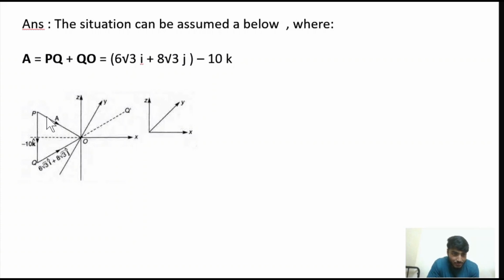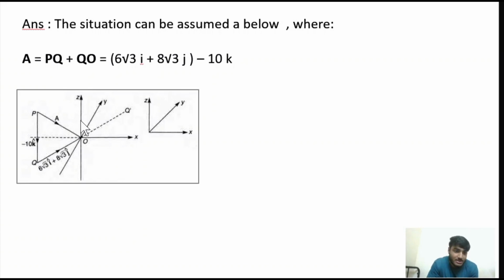If we see this triangle, then the angle made by this vector with the Z axis can be given as, if we assume theta to be the angle between this vector and the Z axis, then as the Z axis is parallel to the line minus 10 k cap, the angle QPO will also be theta.